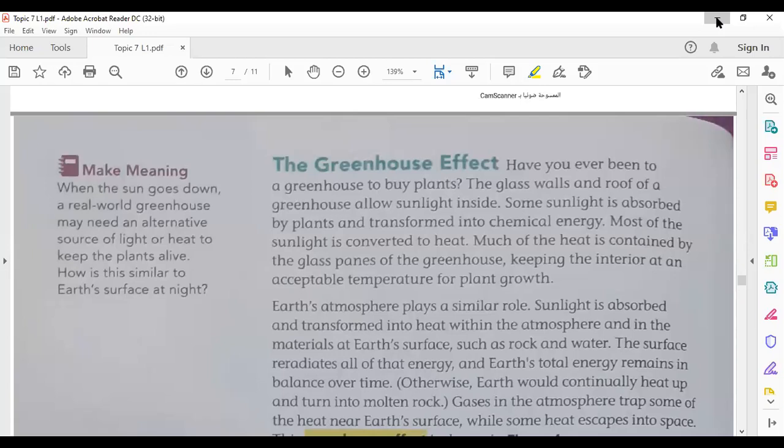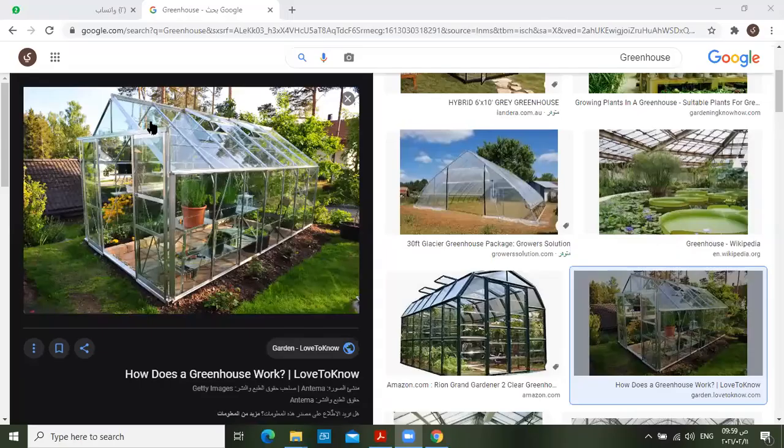Yes. This is the greenhouse. Okay, this is another one.